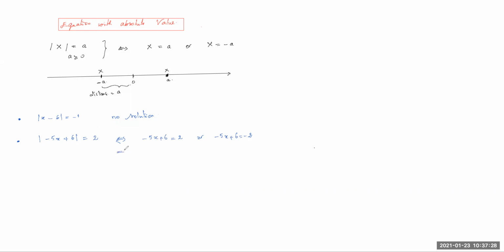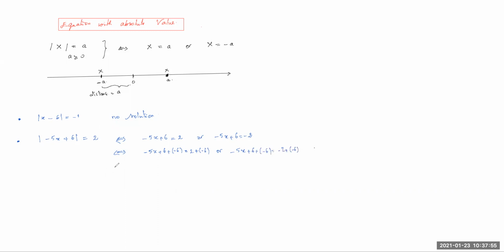The idea is to isolate x by writing the numbers on one side and the variables on the other side. So I need to add to both sides the opposite of 6, which is minus 6. Two plus minus 6, or you have minus 5x plus 6 minus 6 equal minus 2 plus minus 6.